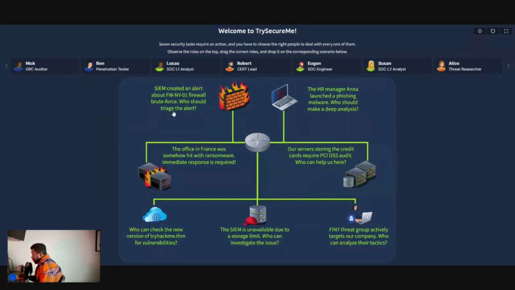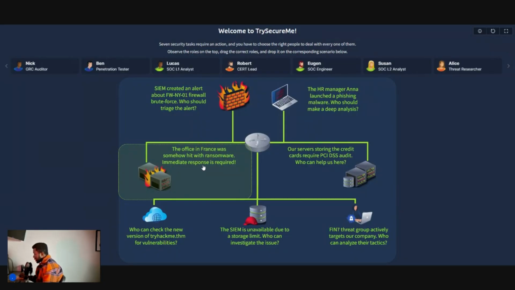We've been asked to match each of these roles to the corresponding description below. Now, let us read through. SIEM created an alert about FW-NY-01 firewall brute force. Who should triage the alert? Now we have the HR manager, Anna, who launched a phishing malware. Who should make a deep analysis? Now, the office in France was somehow hit by ransomware.